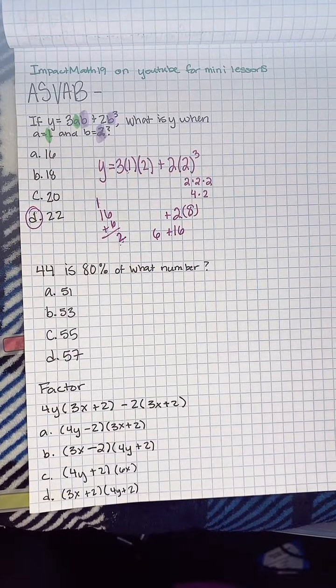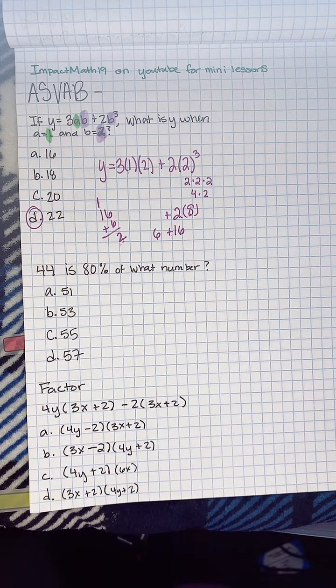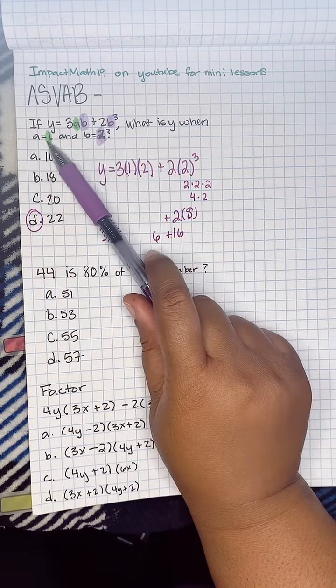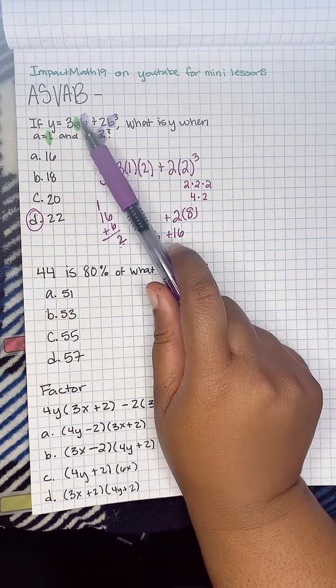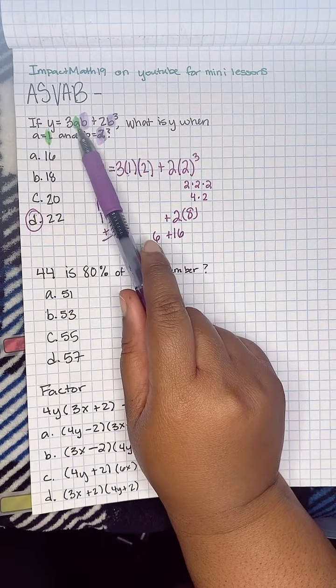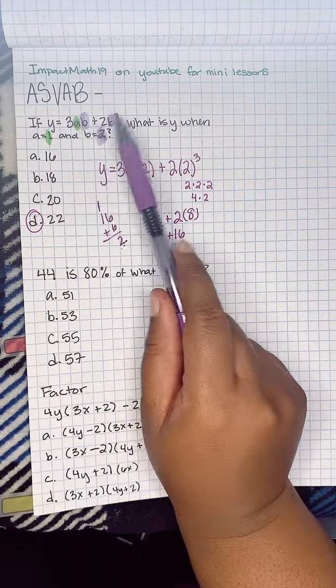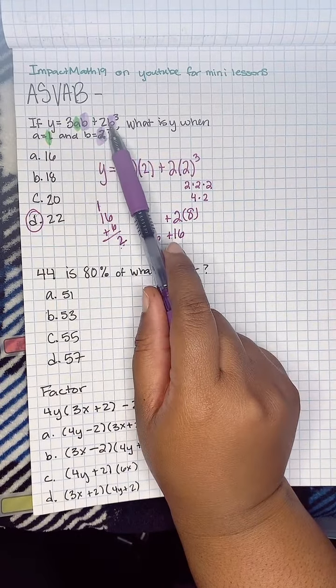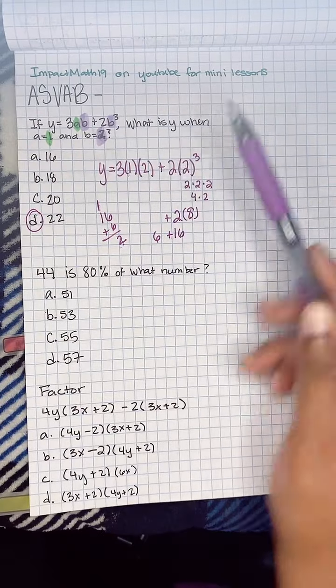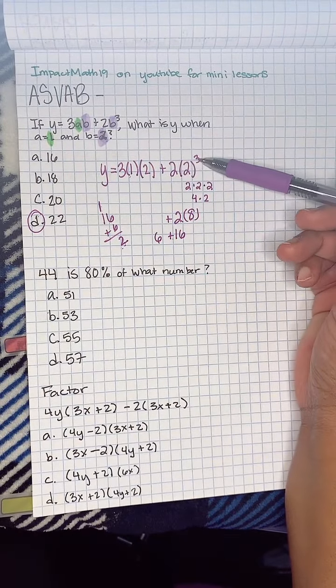So somebody said, can you go over 1 again, please? Yep. So here they told us a was 1 and b was 2. So we're substituting in wherever there's an a, we put 1. And wherever there's a b, we put 2. And then we plugged in everything. We had to do this 2 to the third.